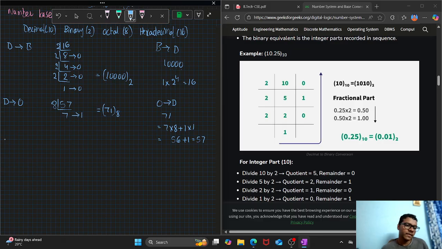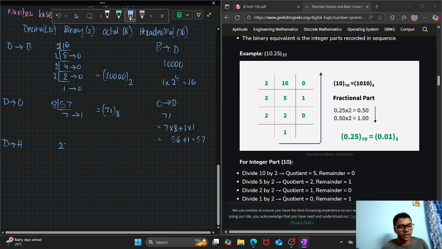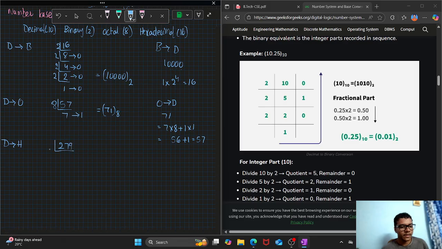And decimal to hexadecimal, how do you do it? Consider a big number, 279. Just divide it by 16. 16 ones are 16, and this is 4 plus 7, that is 11, 119. 16 4s are 64, 16 6s are 96, 16 7s are 112, and the remainder is 7.